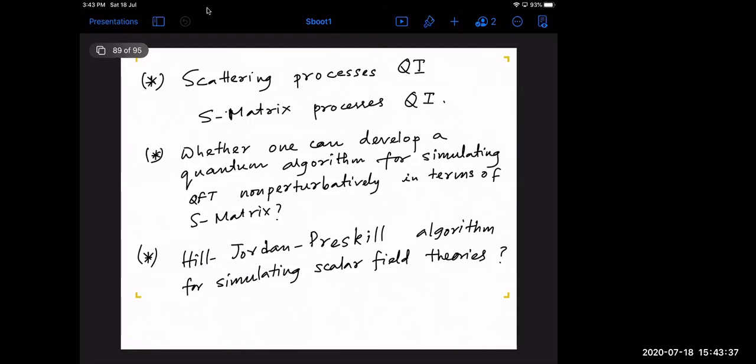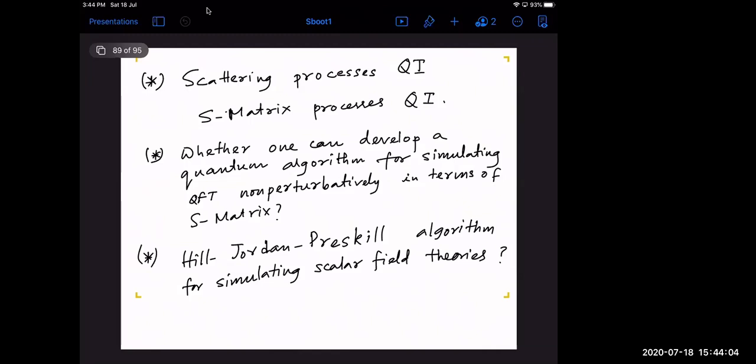But that would mean that one has to understand the more QI theoretic properties of the S-matrix. In particular, whether the various analyticity structures of this S-matrix can be understood in some QI theoretic framework.